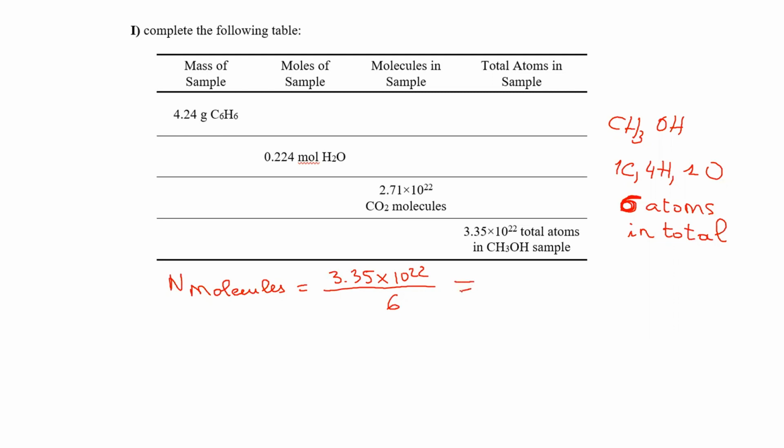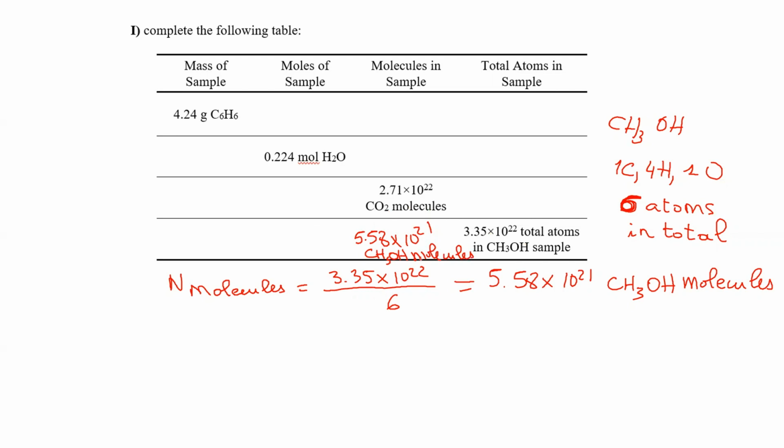And if you compute it, you will have 5.58 times 10 to the power 21 CH3OH molecules. Methanol molecules. So here we can put 5.58 times 10 to the power 21 methanol molecules.